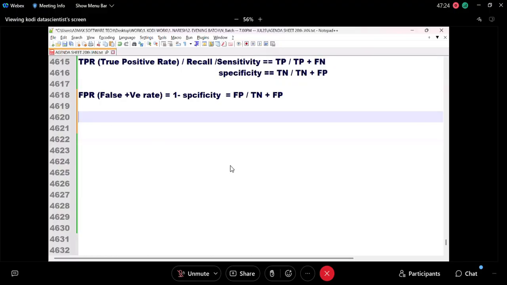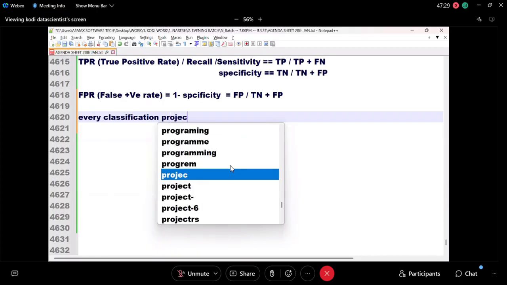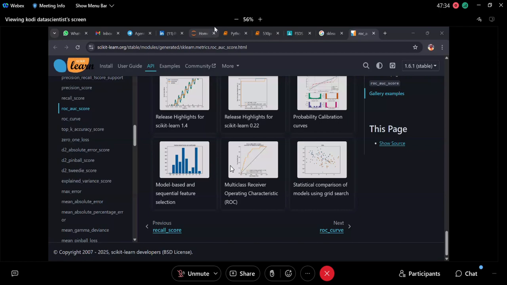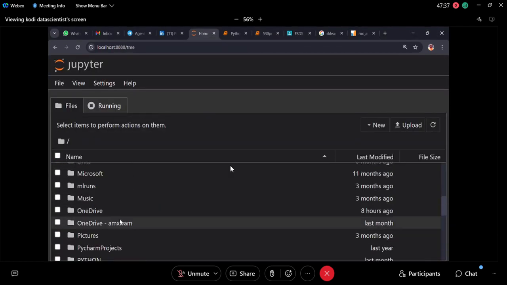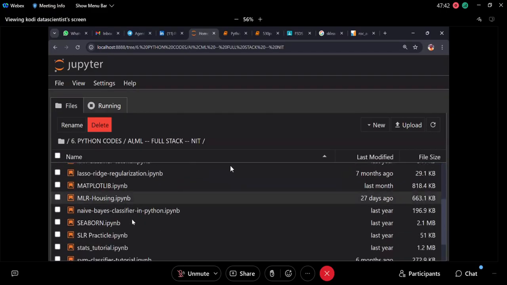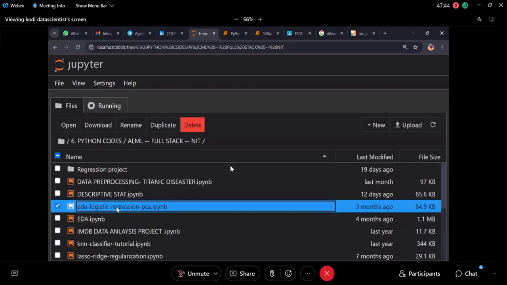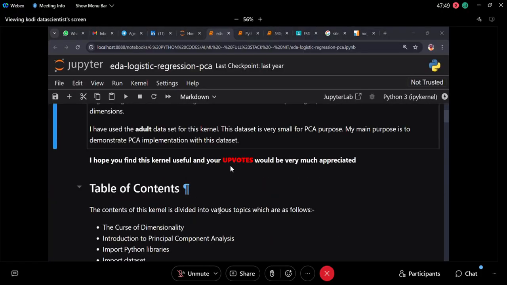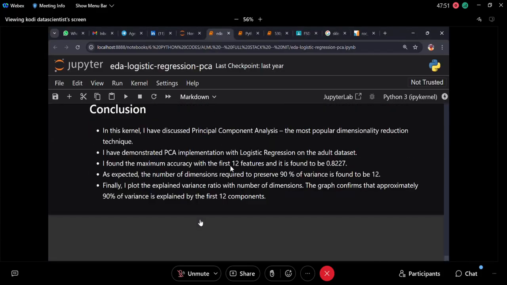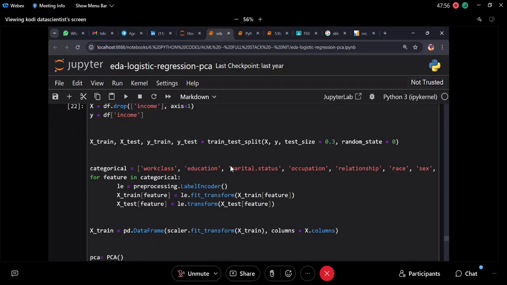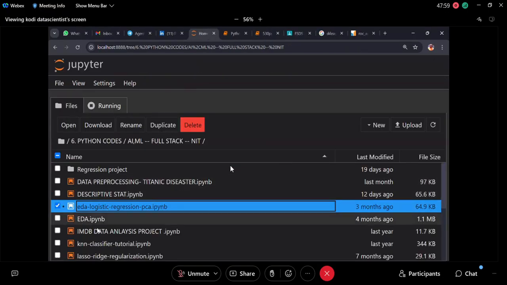In every classification project. I think we developed logistic with PCA. Let me show you, one moment. Okay, just 2 minutes. I think somewhere I have KNN, just one moment.